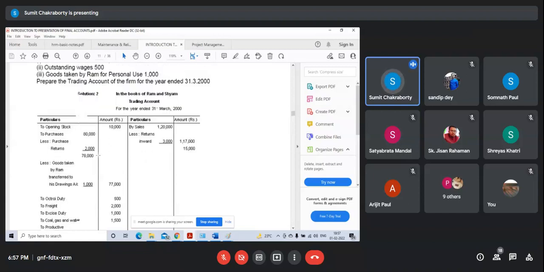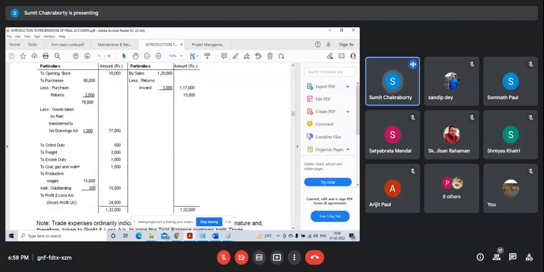So what do you get here? In the books of Ram and Sham, trading account for the year ended 31st March 2000: to opening stock 10,000, purchases 60,000, less purchase returns 2,000, 78,000, less goods taken by Ram for own personal use 1,000, so 77,000.